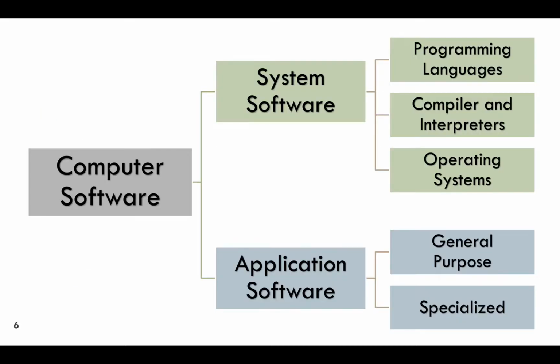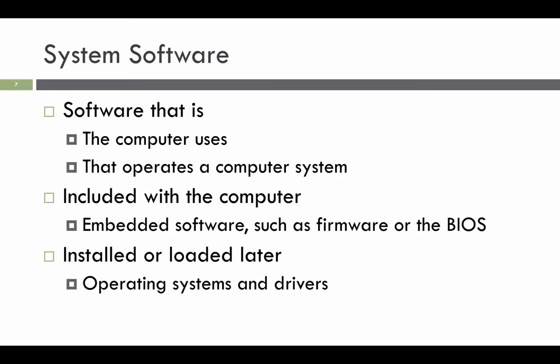There are two major branches of computer software, which are system software and application software. System software is for system processes. Application software is for the user. System software is software that the computer uses and that operates a computer system. System software is usually included in the computer, such as embedded software.